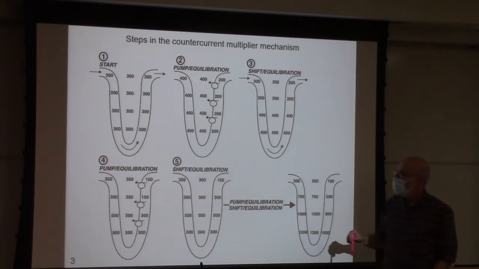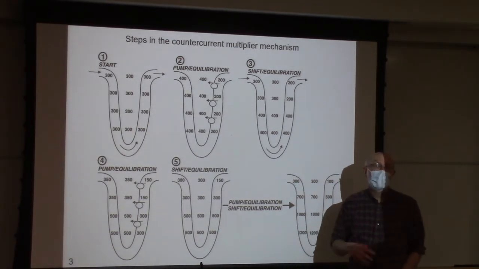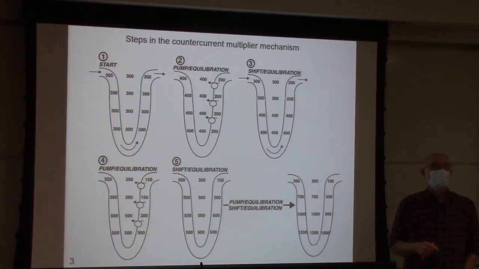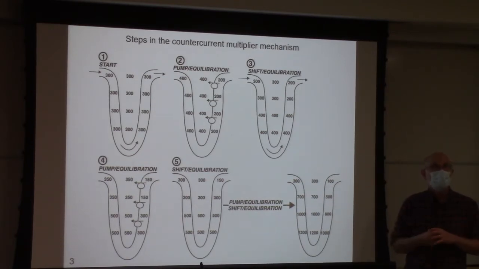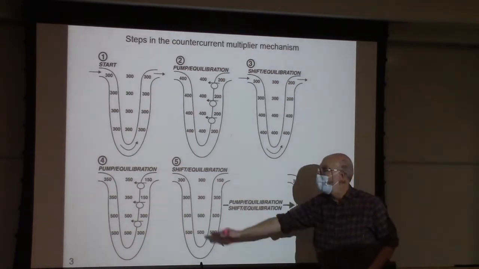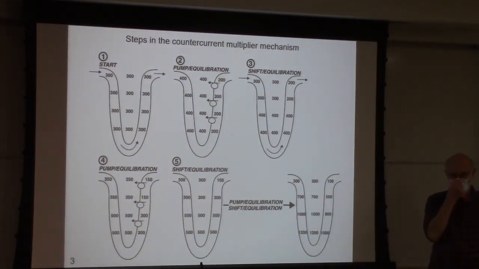Well, I guess the short answer is no. It wouldn't be the same because this is the mechanism that works. I mean, it would be the same if it was linear, but it's not the same with counter currents. Does that help? Thank you.